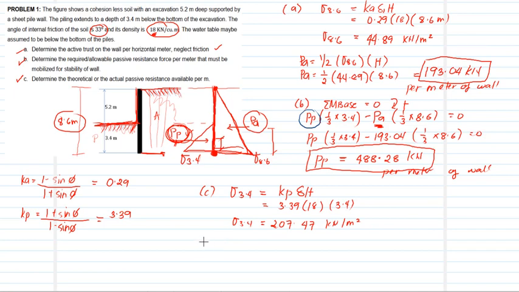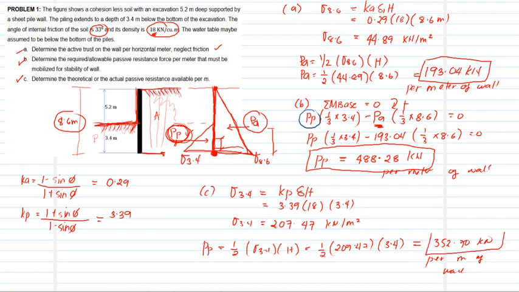So, ano na ngayon yung magiging PP natin? So, PP is equal to 1/2 the pressure at 3.4 multiplied by the height. So, that is equal to 1/2 207.47 multiplied by the height, which is equal to 3.4. So, ang value natin dito is equal to 352.7 kilonewton per meter of length ng ating wall.